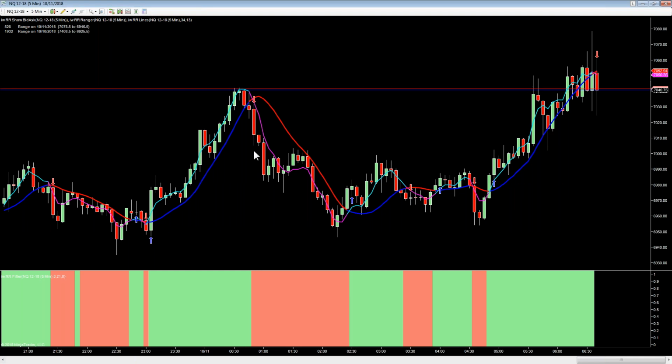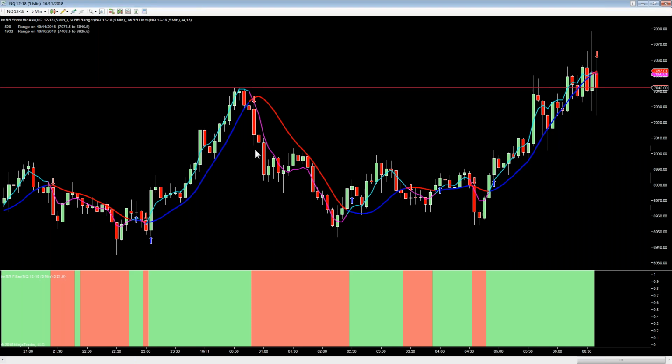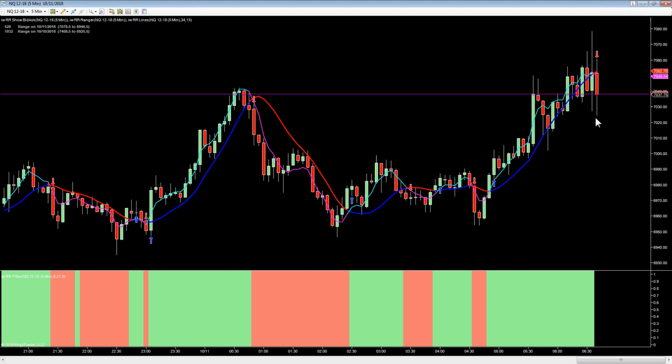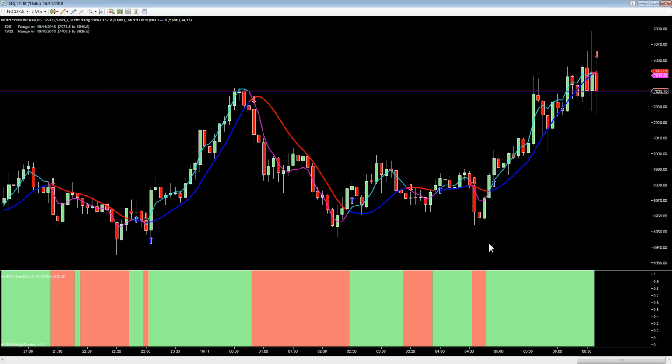Here was a sell signal. Once again, you want to make sure that the filter is in sync. There will be signals, like for instance, right now, you're producing a sell signal. The filter is not in sync. So that's a signal that we would avoid. Here's another buy signal. And once again, you want to make sure the filter is in sync.